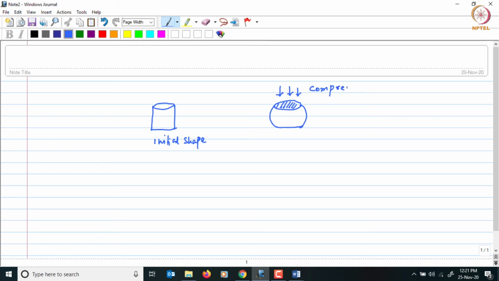So when it is forged under compression inside a die, then along the circumference, the tensile stress will be maximum.